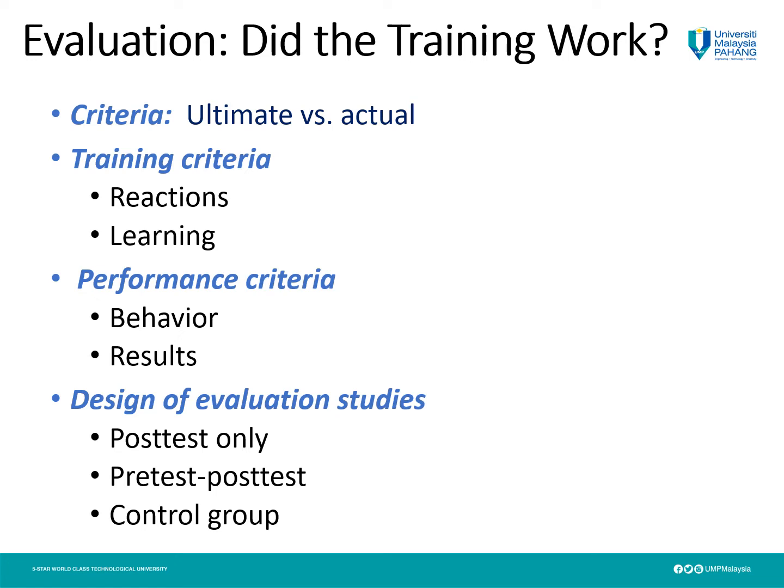Okay, so the first one is the training criteria, which is reaction and also learning. The reaction criteria is a measure of the impression of trainees, including their assessment of the program's value, the amount of learning they receive, and their enjoyment of the program.